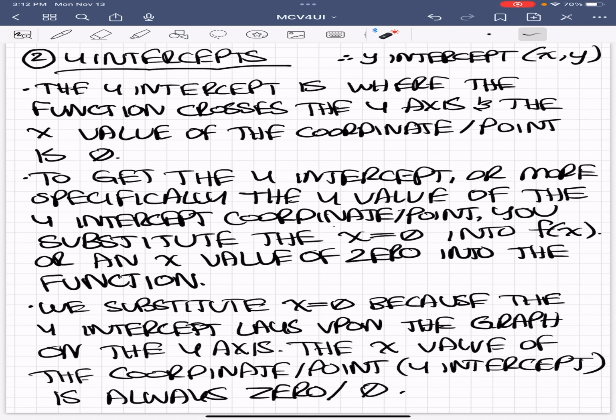We substitute x equals 0 because the y-intercept lies on the y-axis. The x value of the point of the y-intercept is always 0. And don't forget, again, your therefore statement for the y-intercept, and then you can lay your findings there.